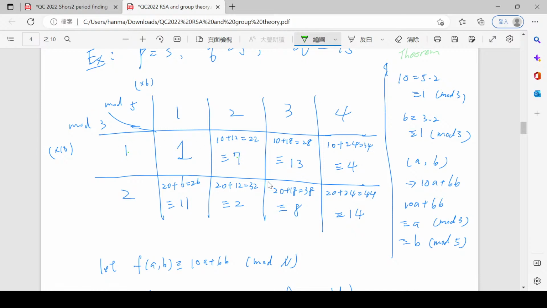And then finally 14: 14 mod 5 equals 4, and mod 3 equals 2. And that's all of them. So you see that this table is perfectly filled out with the 8 coprime numbers.